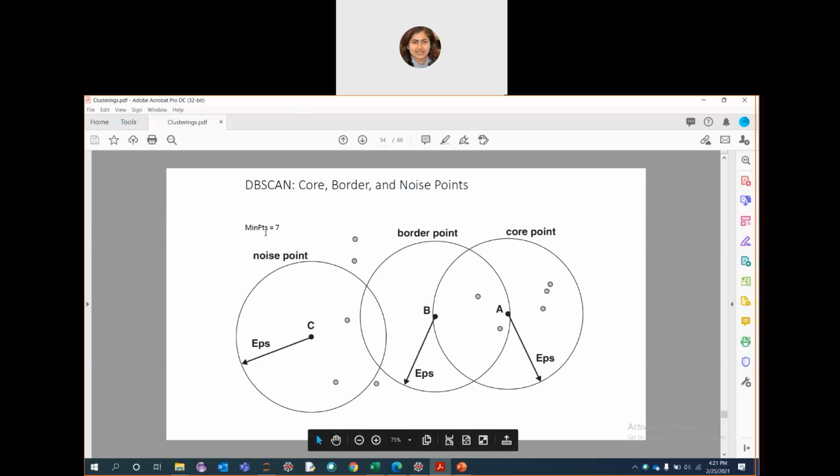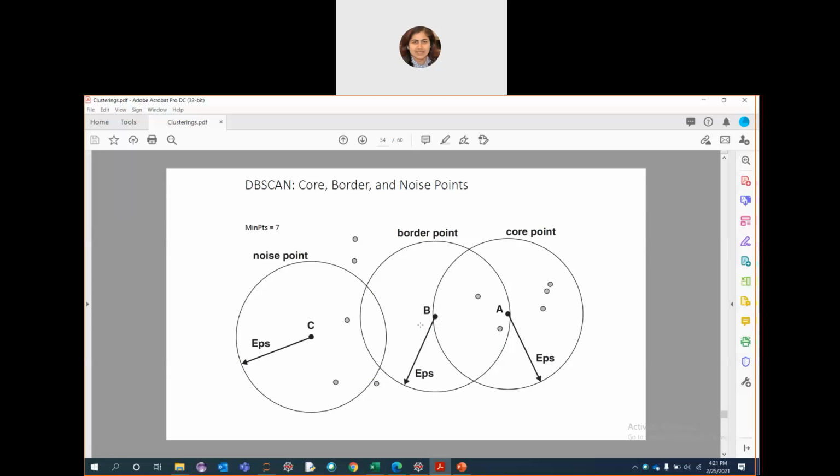If we define the min points as 7, then considering A, you need to find out whether there are 7 points within its own region. A has certain points close to it, so for this epsilon region we can consider A as a core point.